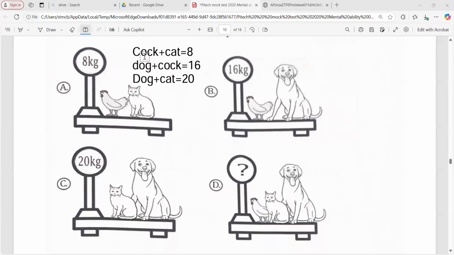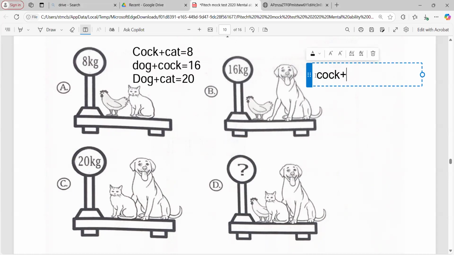So let's reason it out. I'm going to use these two. You can't use just any two to form it, but I'm going to use these: the cock plus the cat plus the dog plus the cock. Once I figure out for one, I can get it.